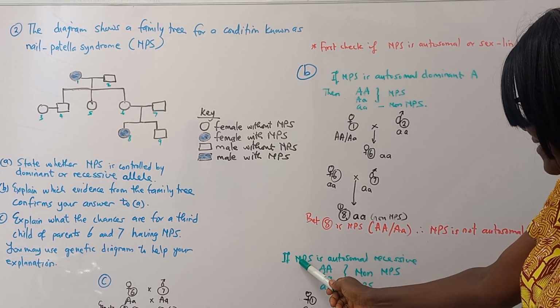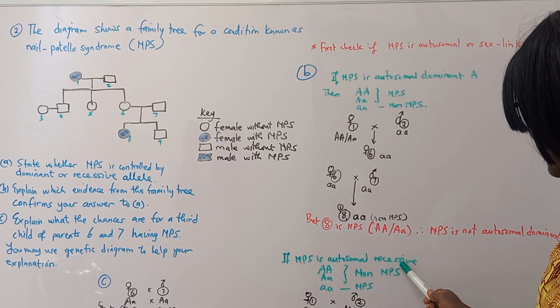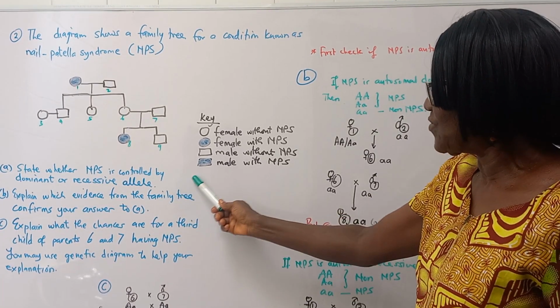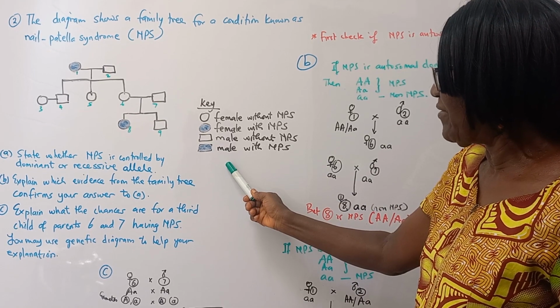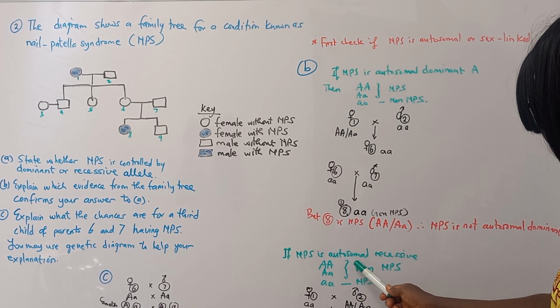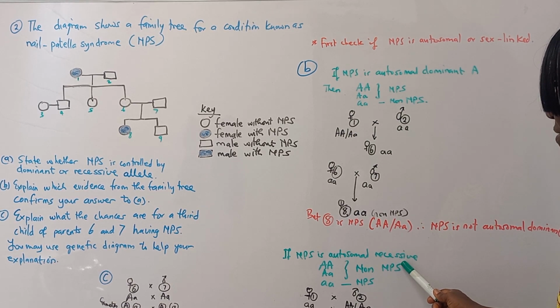So NPS is autosomal recessive, and we want to prove that. So we go to answer this question. NPS is autosomal recessive. So we are proving that NPS is autosomal recessive.